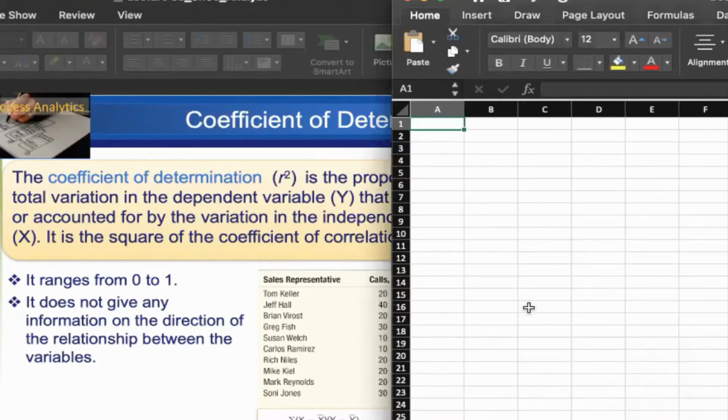Okay, so z score. The 0.95 is your probability.